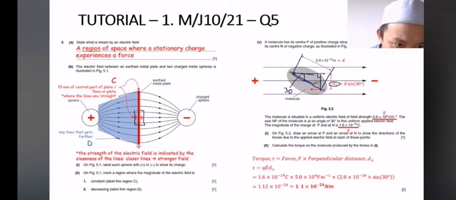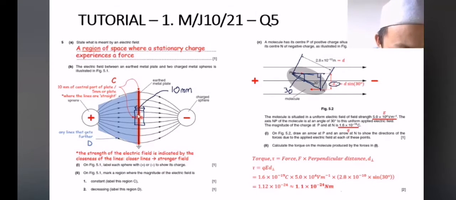Because if you observe near the central, where is the 10 millimeters? Here, this is 10 millimeters.